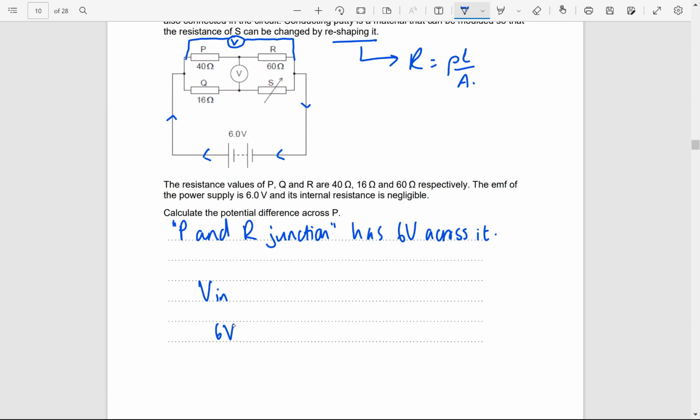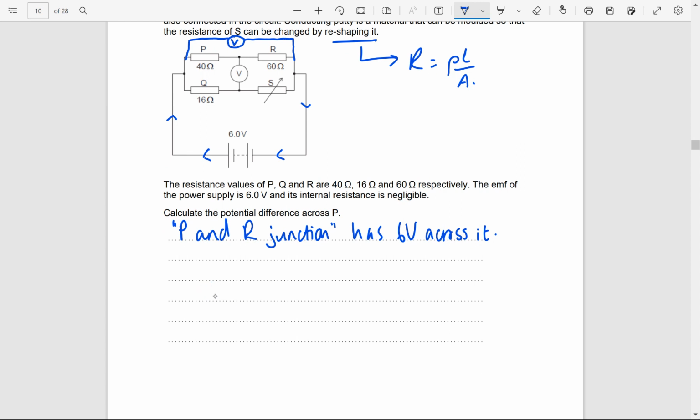And that's like that. If we've got 6 volts, then they're shared between those. And we know that the ratio of the sharing of the voltages is equal to the ratio of the resistors.